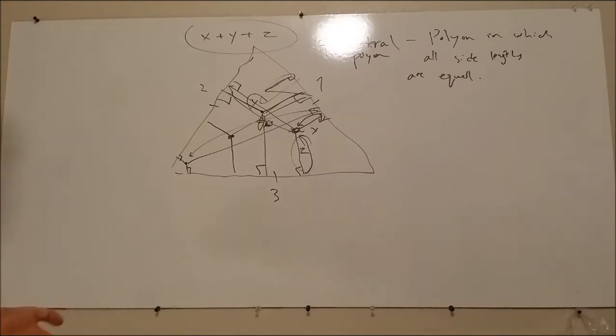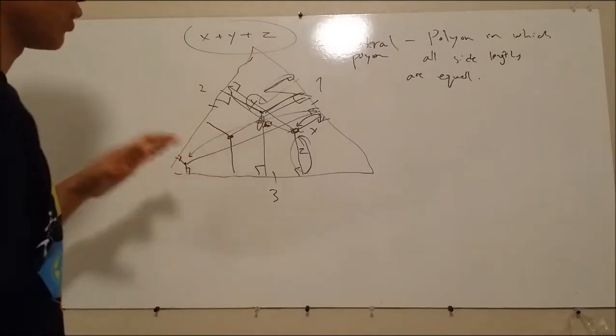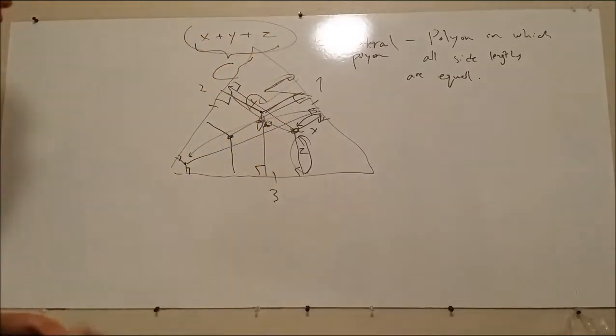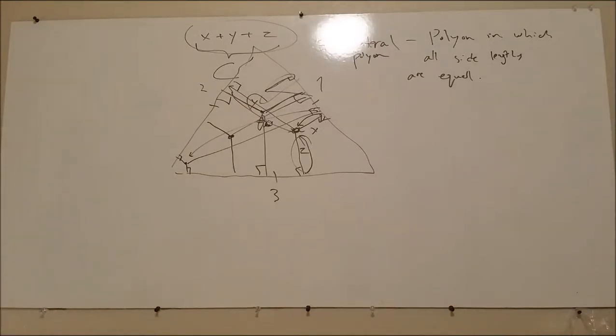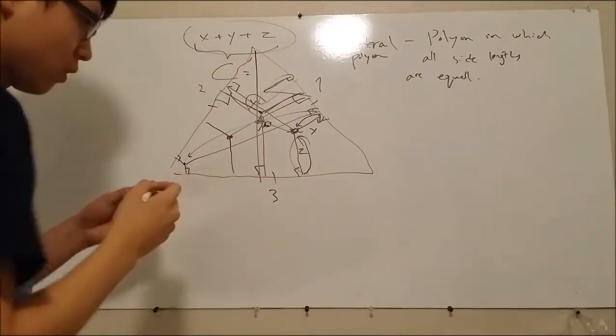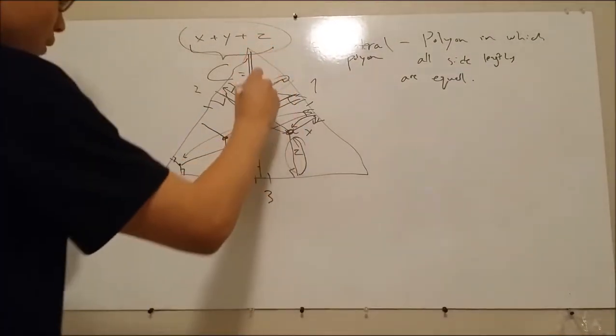And that makes it all the more surprising that, in fact, it doesn't matter where she builds it. This sum right here is some constant. Right? And it turns out this constant is simply the height of the triangle right here.